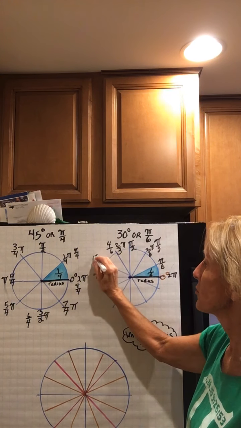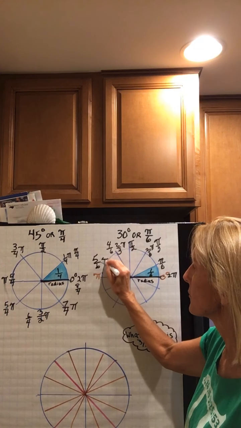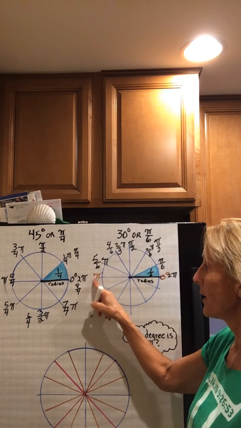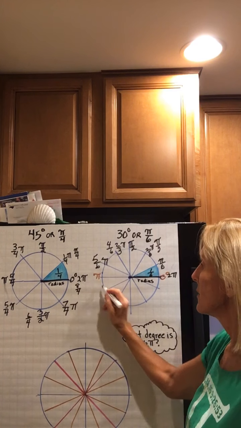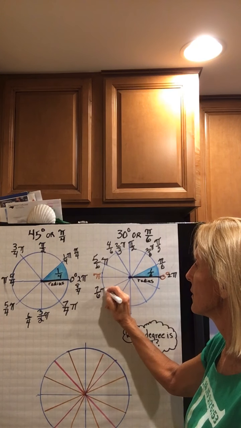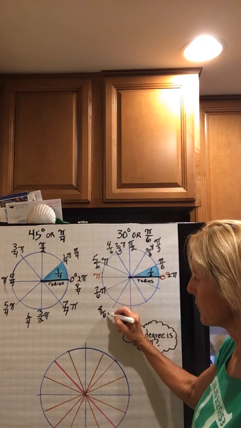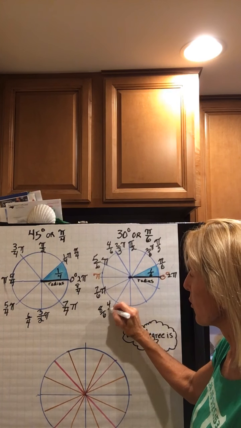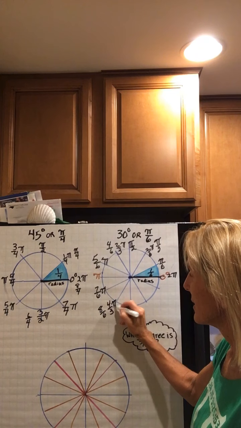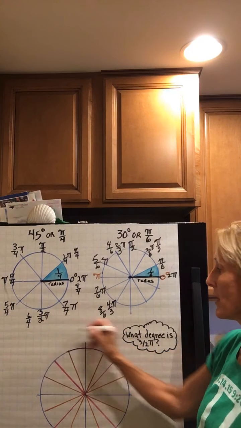And then 5/6 pi can't be simplified. 6/6 pi is pi, because that's 1. Then we got 7/6 pi. 8/6 pi simplifies, divided by 2, to 4/3 pi. And then we already know that one, that's 3/2 pi.